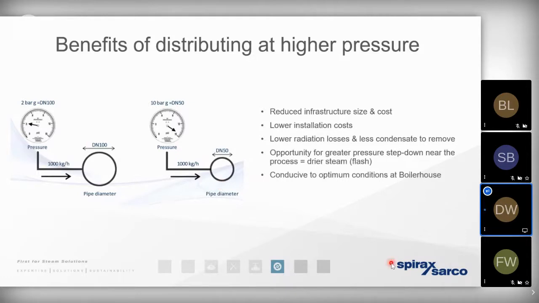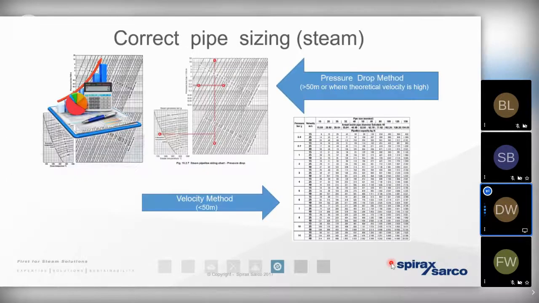So there are a number of different methods we employ when it comes to sizing the steam pipes correctly. It's really down to how far the distribution pipework actually is. So if we're distributing the steam over a long distance, we'd size on what we refer to as the pressure drop method. That's to ensure that we can get the required mass of steam distributed to the process at the required pressure.